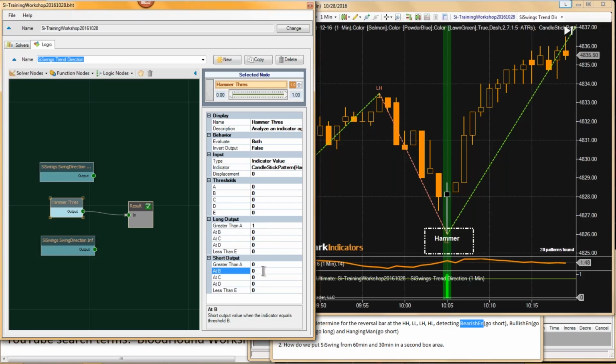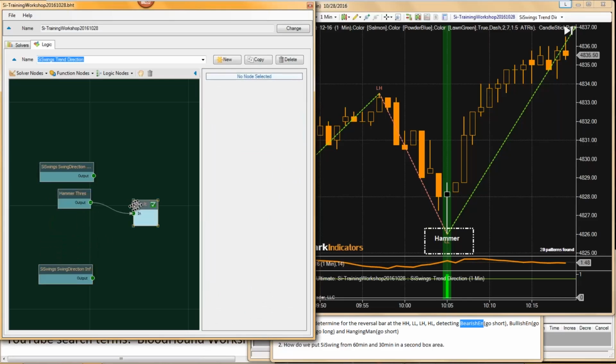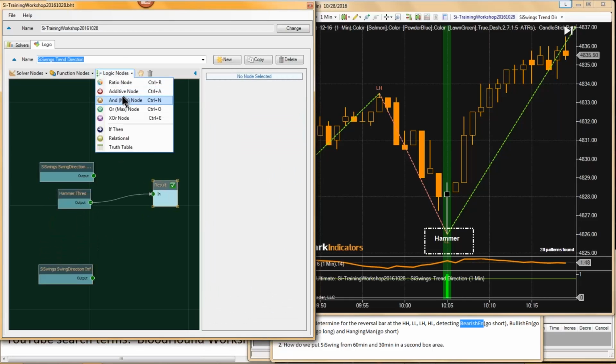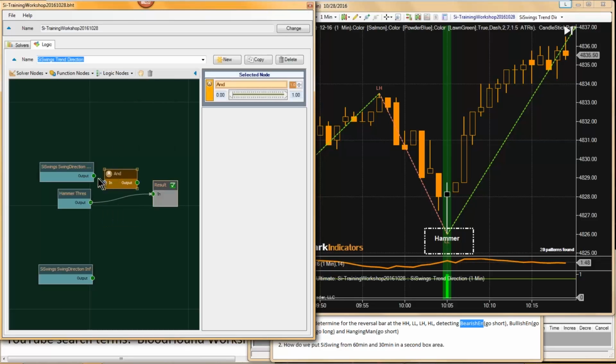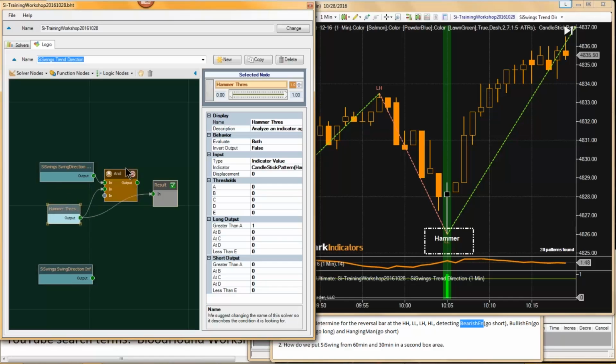Hammers don't exist for a short situation, so we'll just leave all the short outputs blank for the short. All right, and so what we could do, actually.